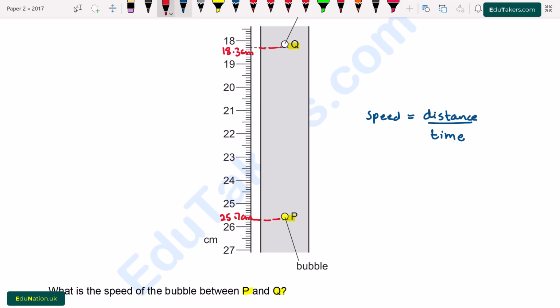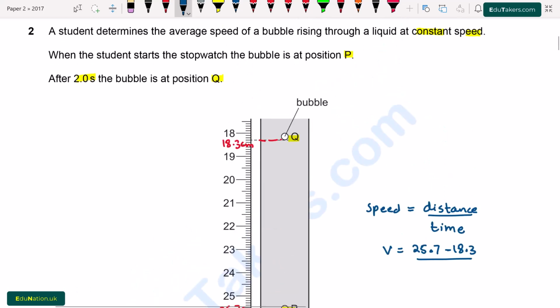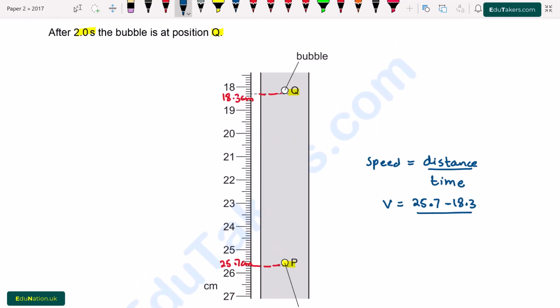Now we use these values of the distance and find out the speed. So speed will be equal to 25.7 minus 18.3 divided by time. Time is given here, 2.0 second. So the speed will be equal to 3.7 meter per second.